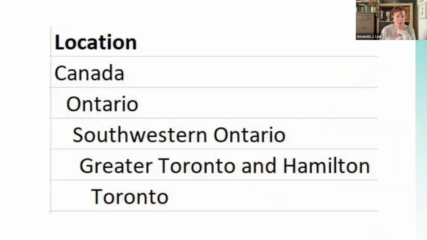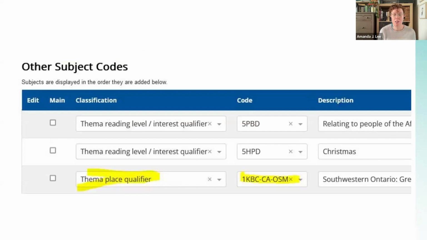So in this case, there's a Thema code. The menu will look like this. You can open up, okay, check mark, I want books in Canada, or I want books in Ontario, or I only want books in Toronto. Great. So in this case, once again, you will use the Thema browser to type.